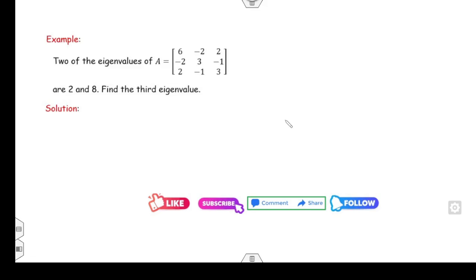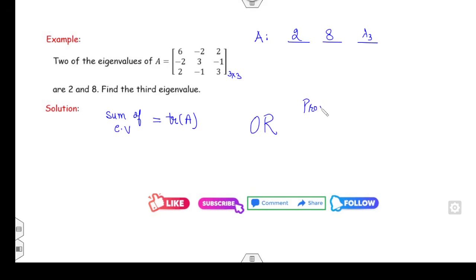Let us look at another one. Find the third eigenvalue of the matrix. It is a 3 cross 3 matrix, so you need to find the 3 eigenvalues. The first eigenvalue is 2, the second is 8, and we need to find the third. I can use the concept that the sum of the eigenvalues is the trace of the matrix, or the product of the eigenvalues is the determinant.